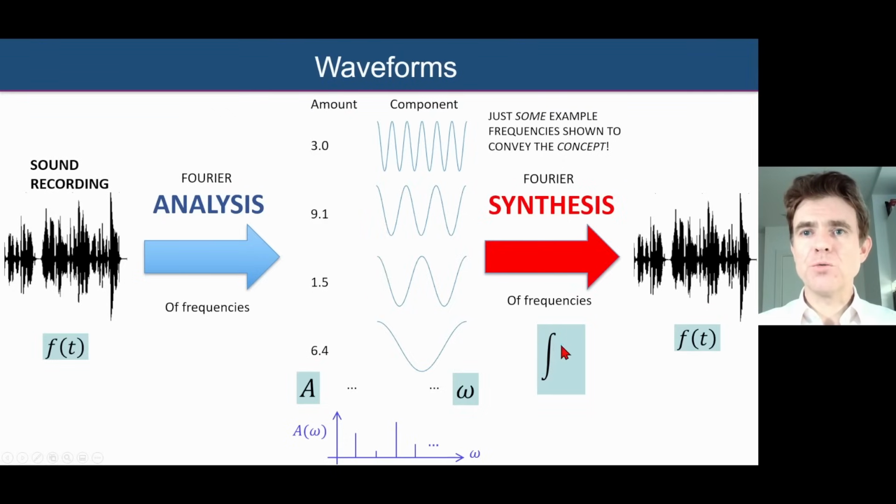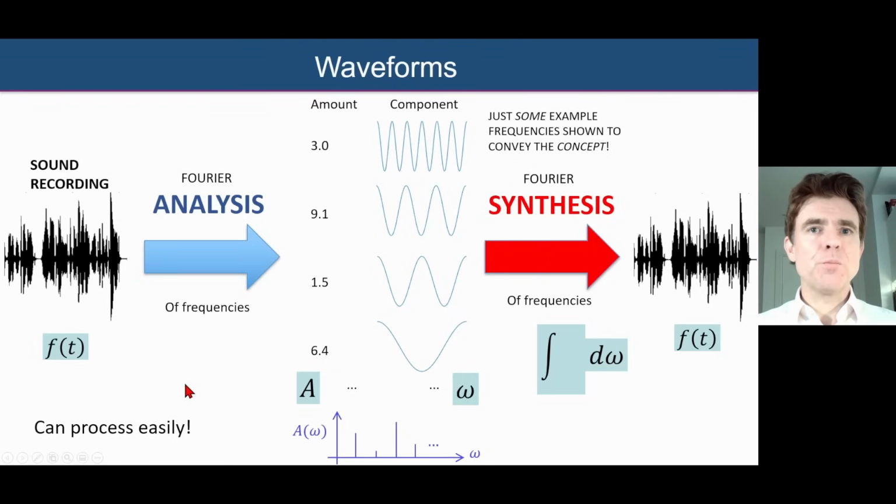So I've got an integral sign there, an elongated S for summation, to show that I'm adding together these frequency components with their various amounts in order to make that signal again. So here, the mathematical notation will be a summation over the frequencies. And we'll talk later about how I'm going to use that notation A in this summation process.